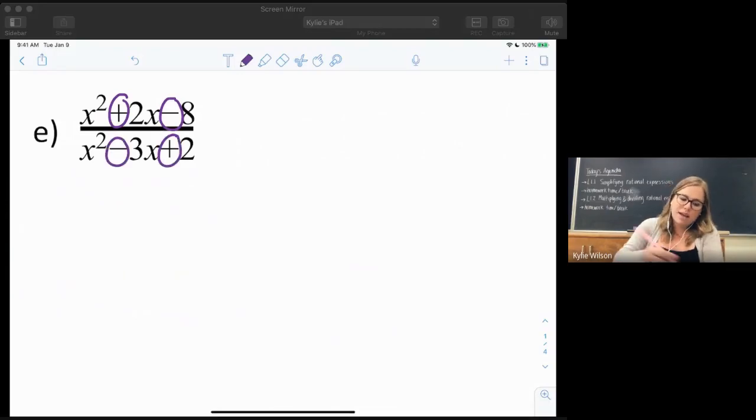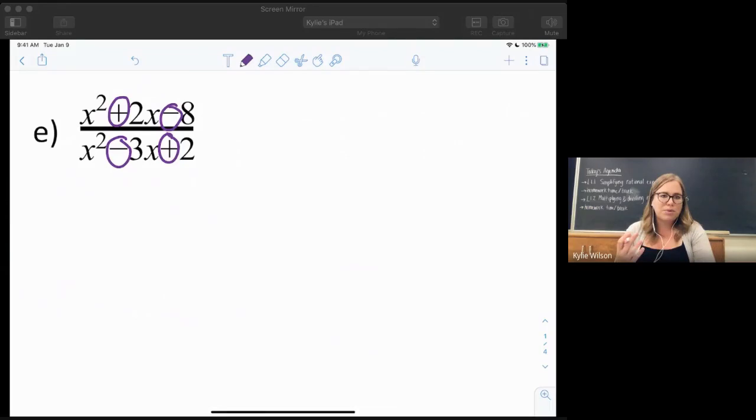Not all of these terms have an x squared. If I have plus or minus signs here and they're not in a bracket, I can't start canceling stuff unless I have the exact same little term or little factor. And I'll show you what I mean by that in a moment.